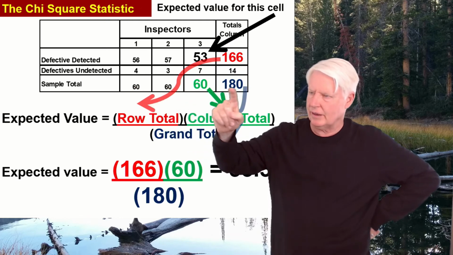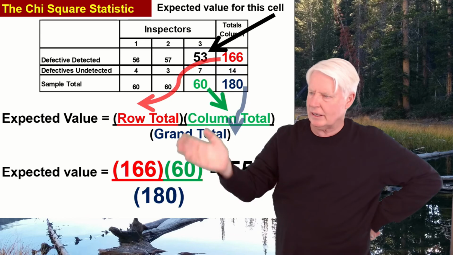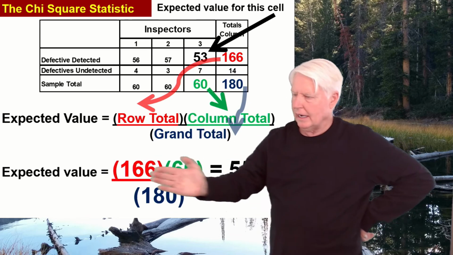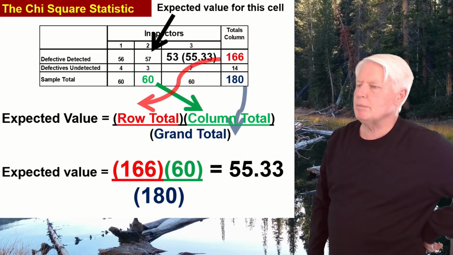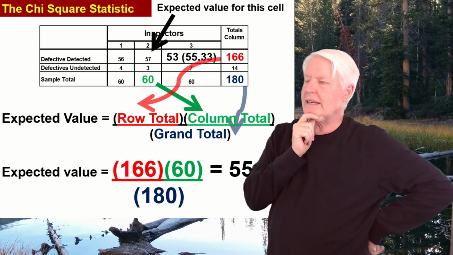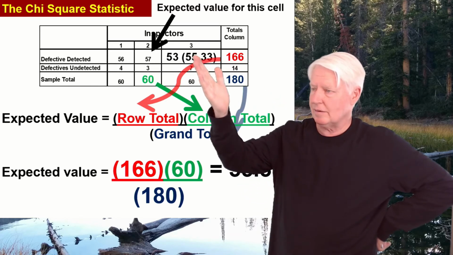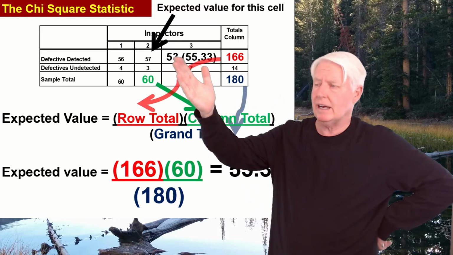You add all these together, you get 180, so that's called the grand total. I put that in the denominator, I crunch the numbers, and I get 55.33, and it's pretty common to put the expected value in parentheses. So this is the expected value, this is the observed value.